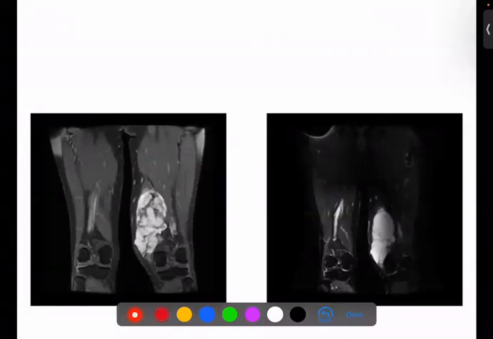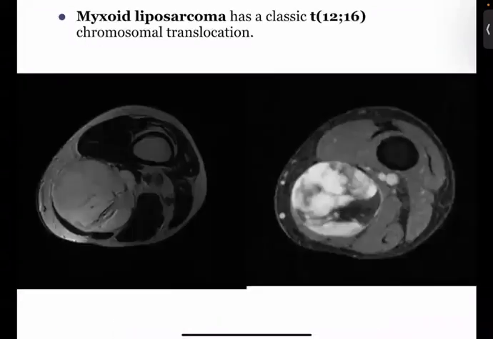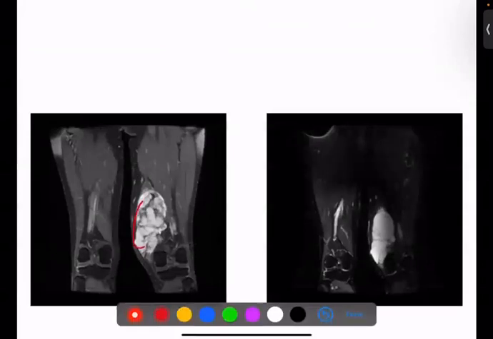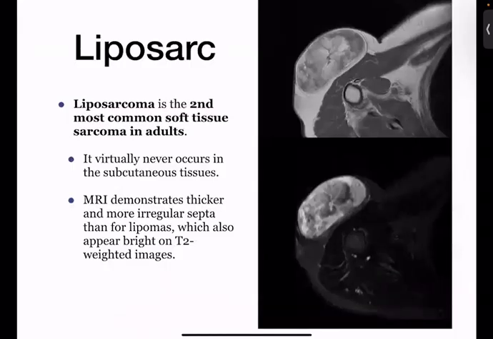These are images of the same myxoid liposarcoma that we just saw. This is T1, T2. Here we also have the heterogeneity. And this is with enhancement, again the same thing. Liposarcomas, as you can see, it's subcutaneous.